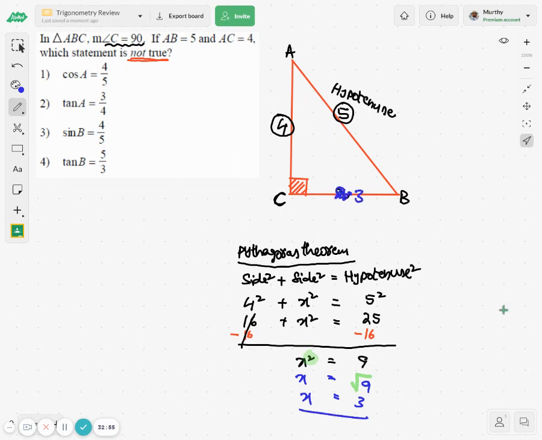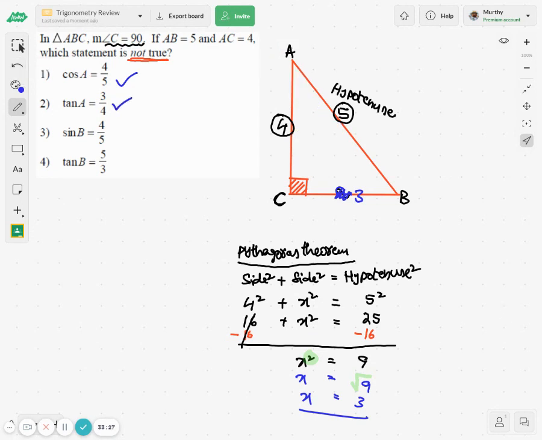Now, cos A. So here is A. Cos is adjacent over hypotenuse. Adjacent is 4 units here, hypotenuse is 5. So 4 over 5, yes. Tan A. Tan is, in SOHCAHTOA, opposite over adjacent. Here opposite is 3 units over adjacent 4, so it is going to be 3 over 4.